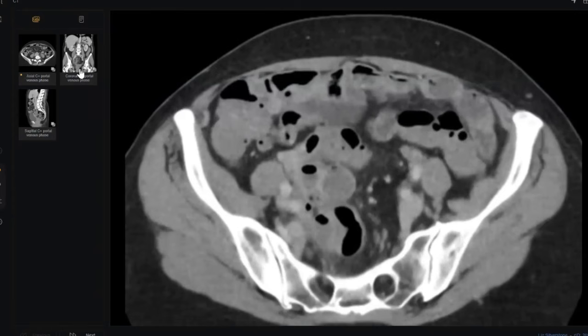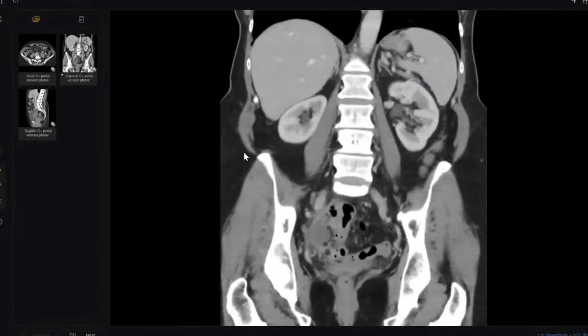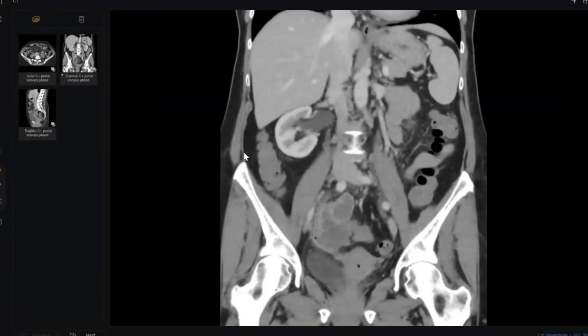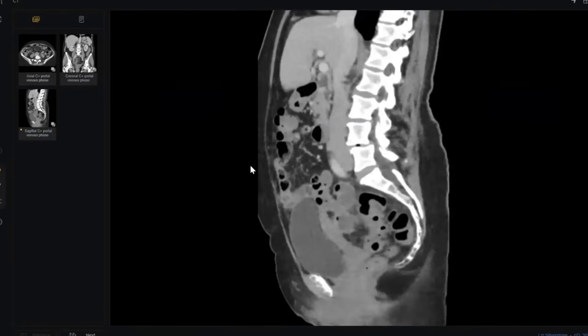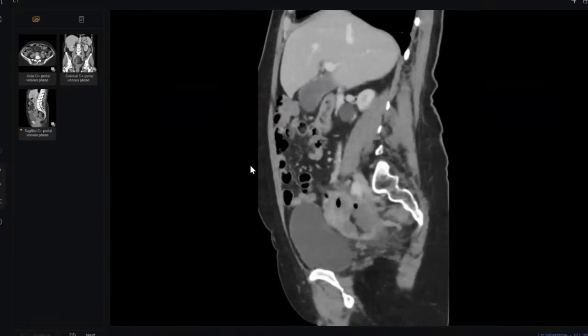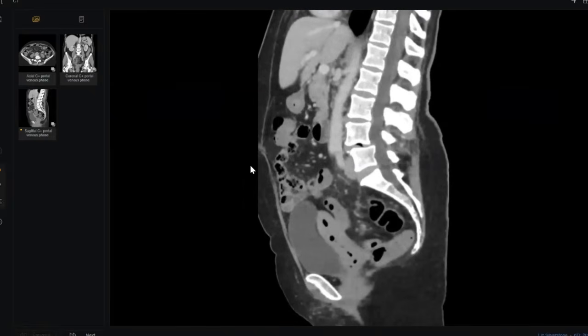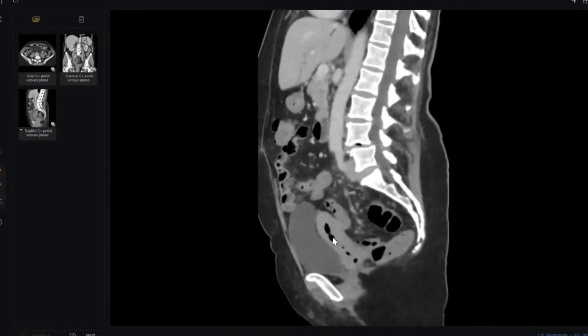So you must ask the examiner for other MPR, sagittal, coronal. Why? Because to rule out any other complication. Look here, it is very easy here.